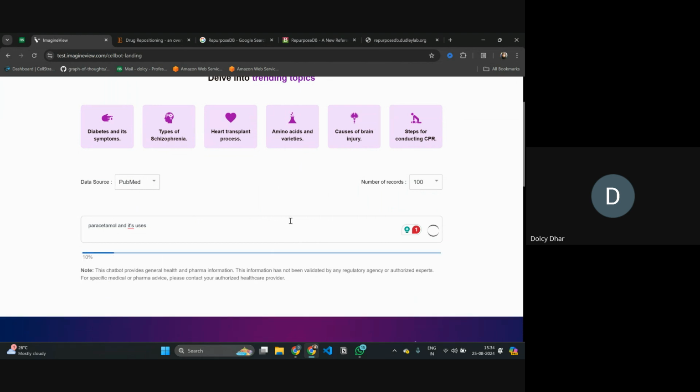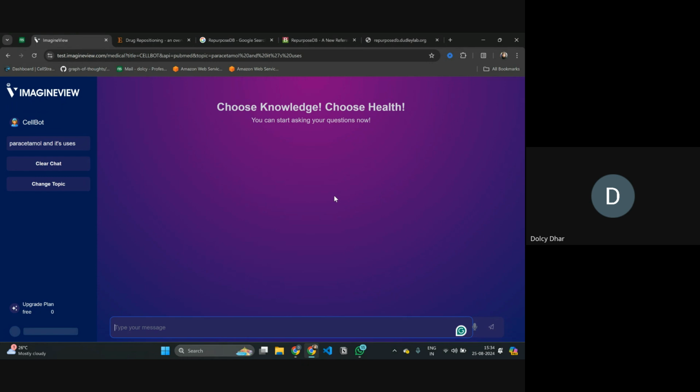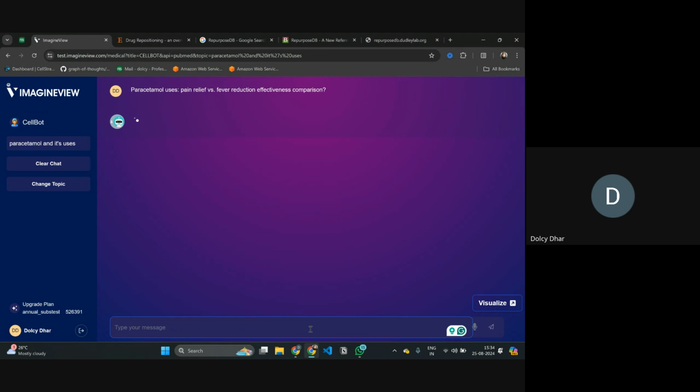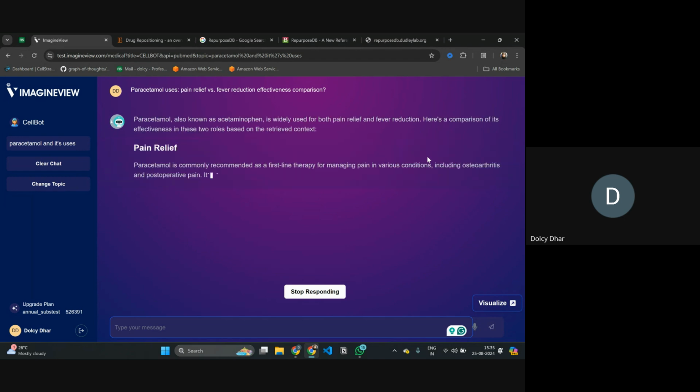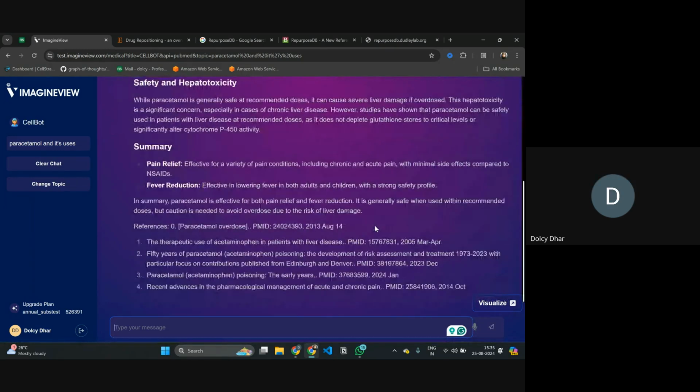Let's click on search, and we'll move on to the chat page where we can explore what paracetamol is and how we can use it. We give you a few sample questions to begin with if you don't know what to ask. We've recently added a new feature, which is currently in the test block, and we'll bring it after extensive testing.